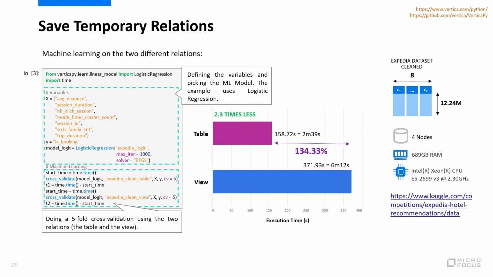In the example, we are doing machine learning. Basically, we are taking our vDataFrame and then doing a cross-validation on the booking variable to see if a user will book or not. And we are using a 5-fold cross-validation.